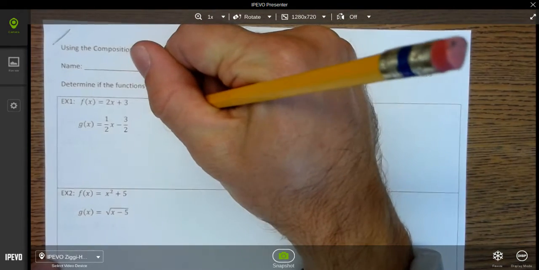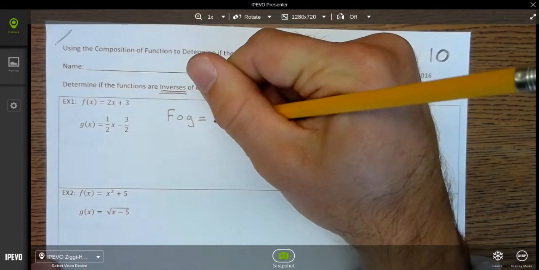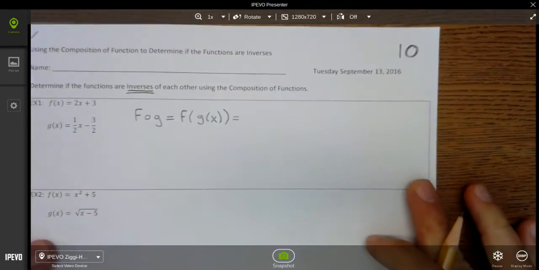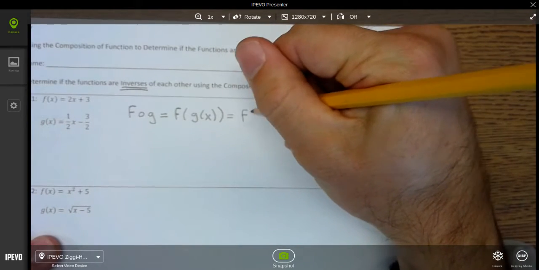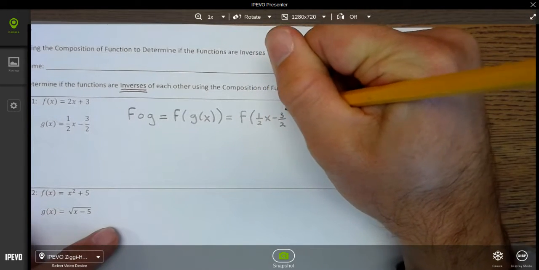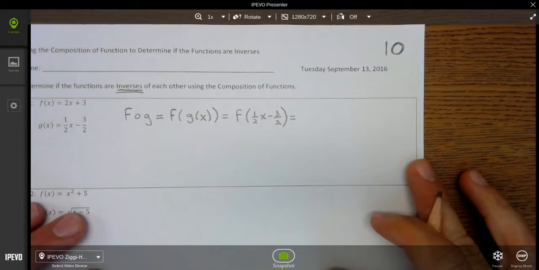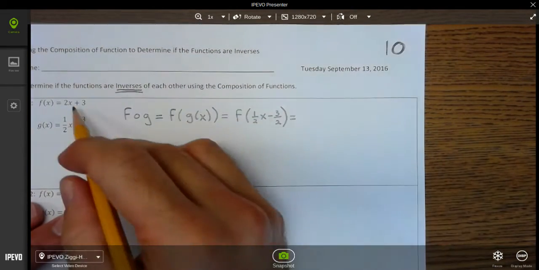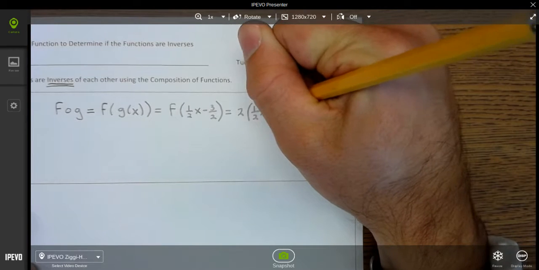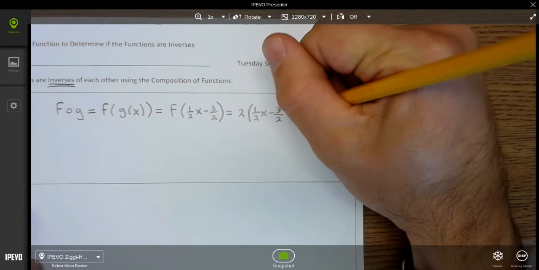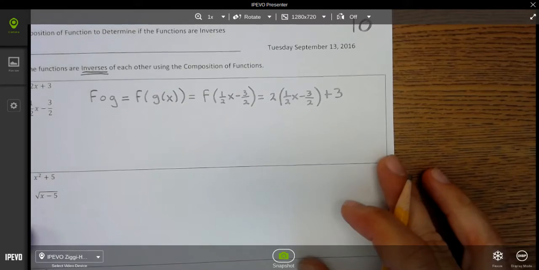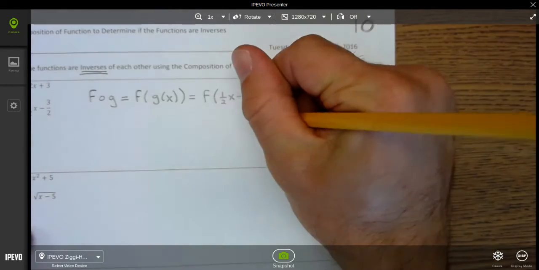So let's do fog, which is f of g of x, which in this case will be f of, well, g of x is 1/2 x minus 3 divided by 2. So now we're going to plug that in for f of x, so then you get 2 times 1/2 x minus 3 divided by 2, plus 3. I've run out of room on the right, so I'm just going to come below.